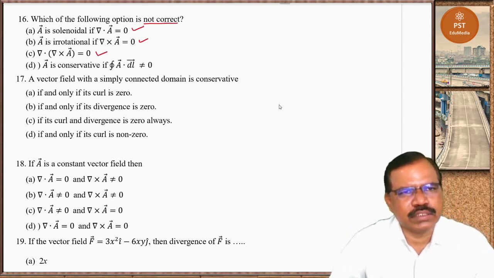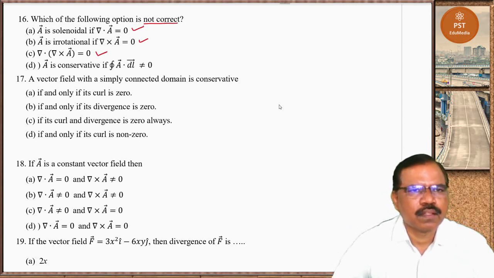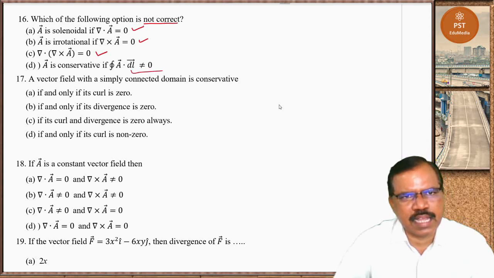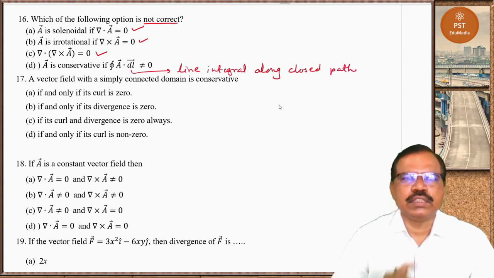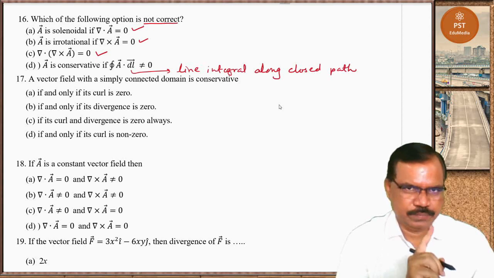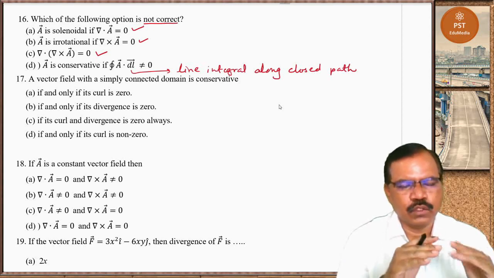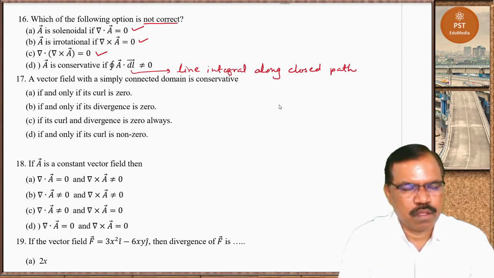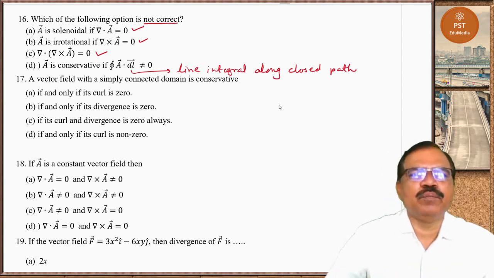Now, A is conservative if the line integral of A dot dl along a closed path is not equal to 0. Your vector field may be conservative or may be non-conservative.